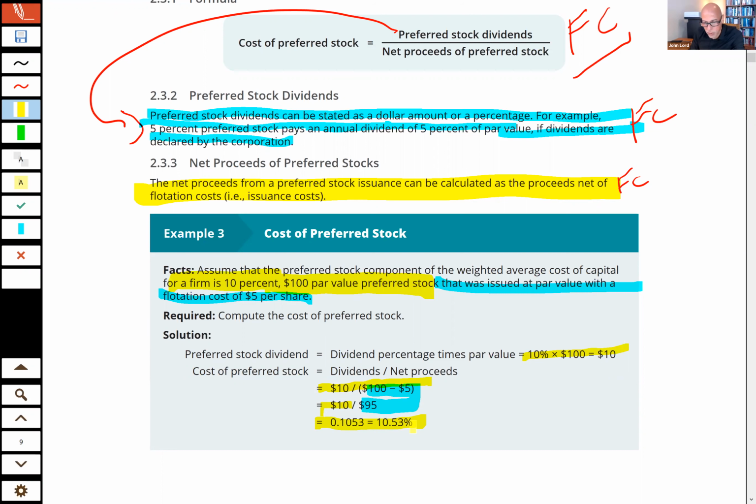Now, I think that most questions you see will ask you about elements of this weighted average cost of capital. I haven't seen too many questions where they get off into making you calculate all the elements and then put those together to come up with the weighted average cost of capital. So you probably will see questions that will isolate the elements to see if you know how to handle each one of these. There's a chance that you could have a task-based simulation where they ask you to put all of that together.